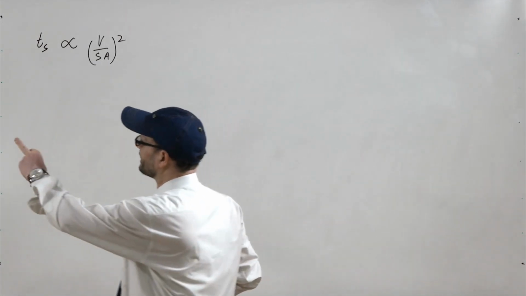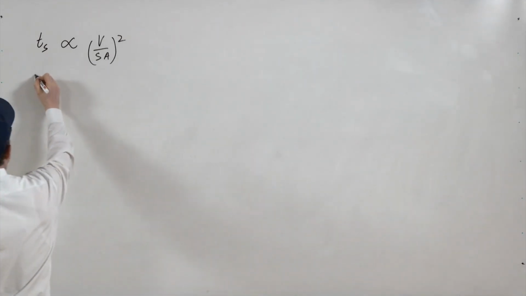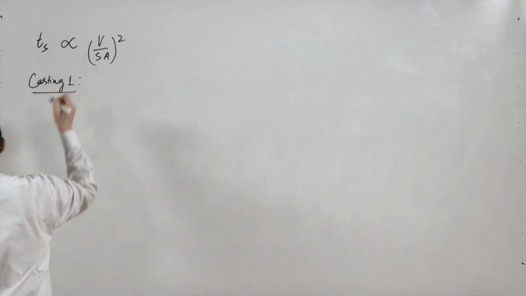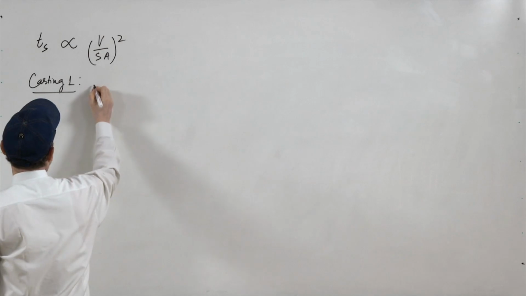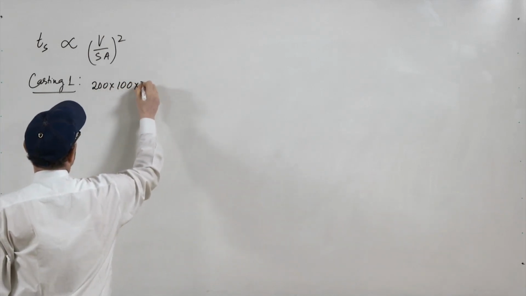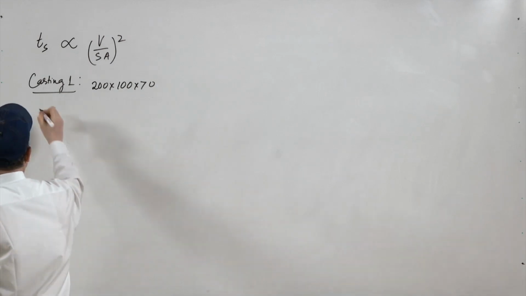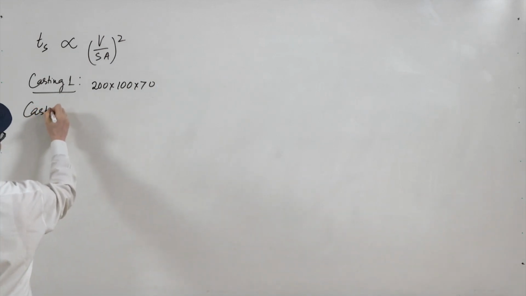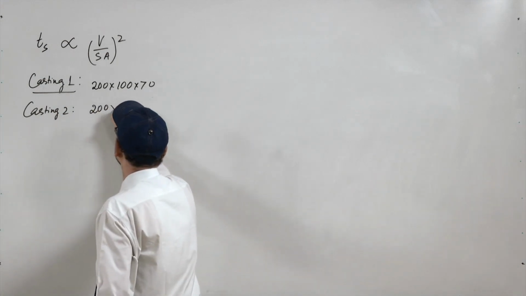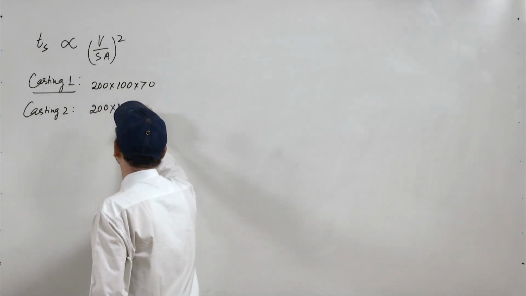If we take this as casting 1, which has the dimension 200 by 100 by 70, and casting 2 has the dimension 200 by 100 by 10.